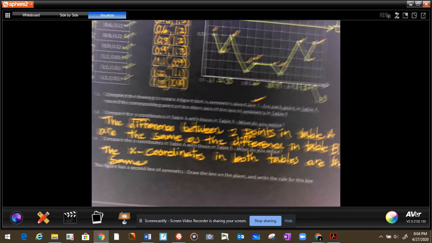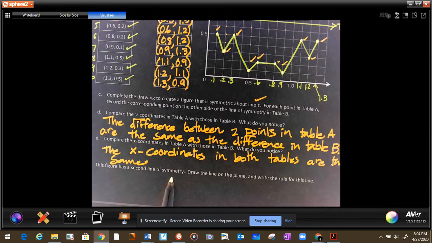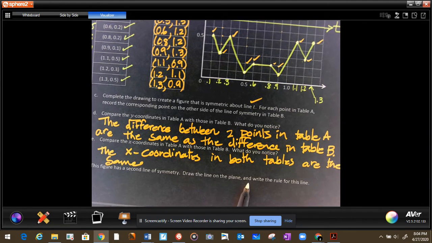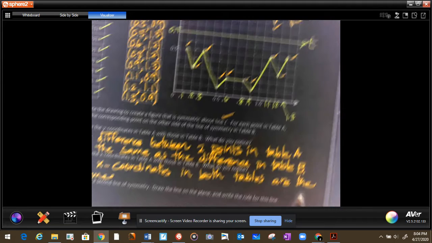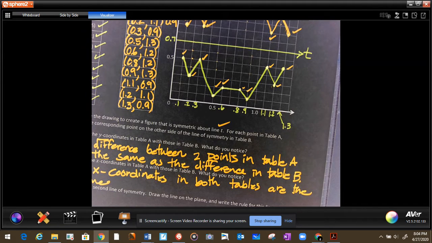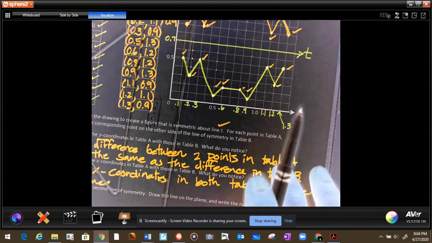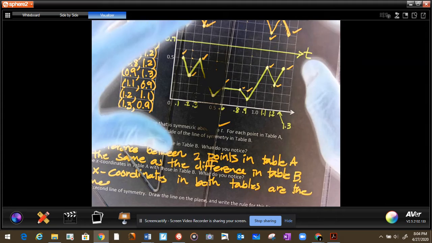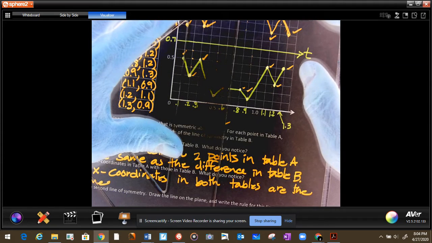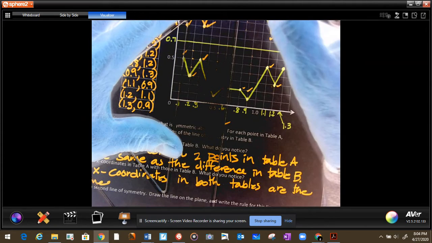Okay, last question. The figure has a second line of symmetry. Draw the line on the plane and write the rule for this line. Okay, so there is another line of symmetry there, and let me use a different color so you can see it clearly. If you can see, these are symmetrical. So where you can divide them to be the same on both sides will be exactly here.